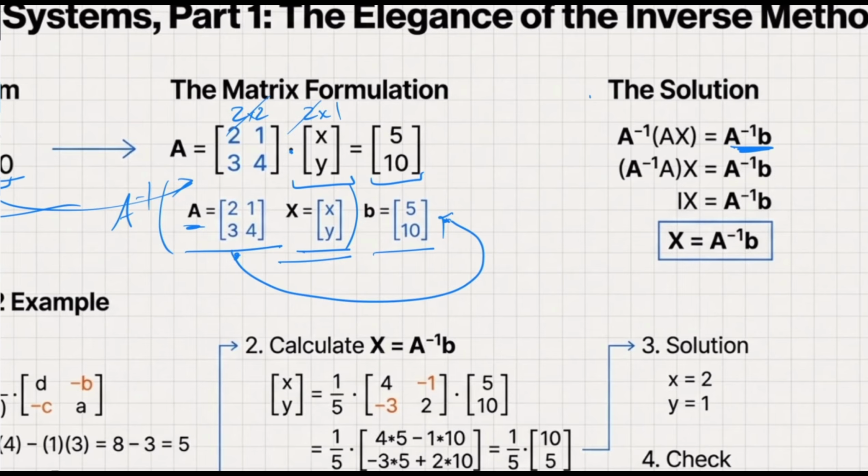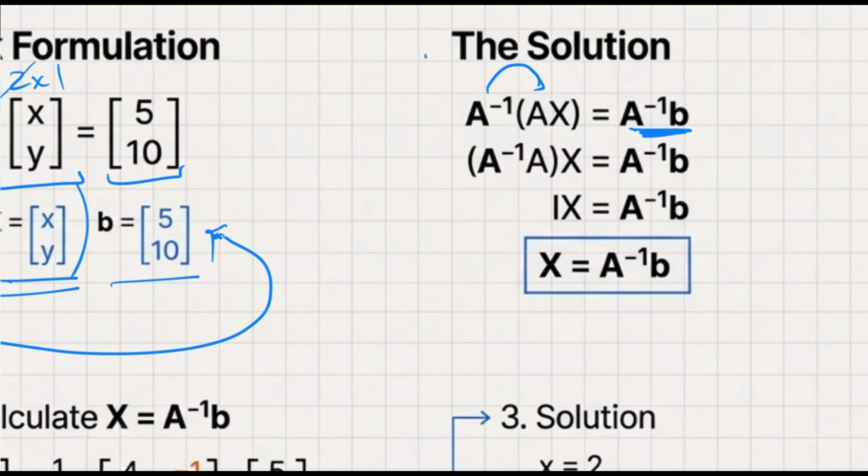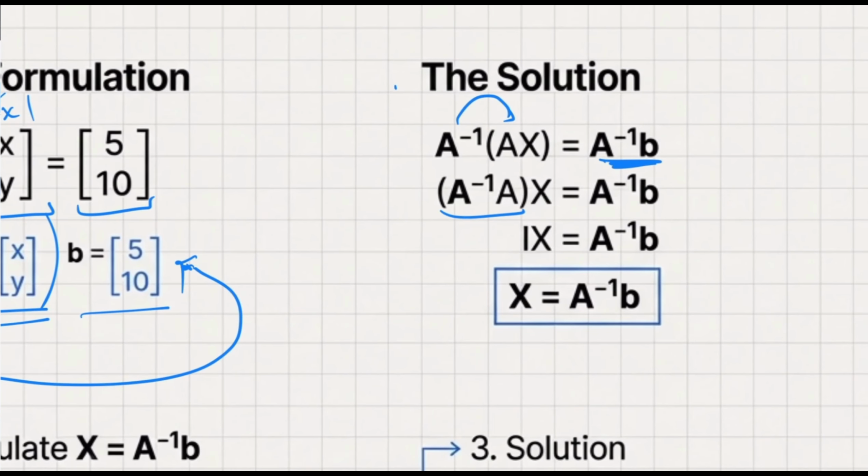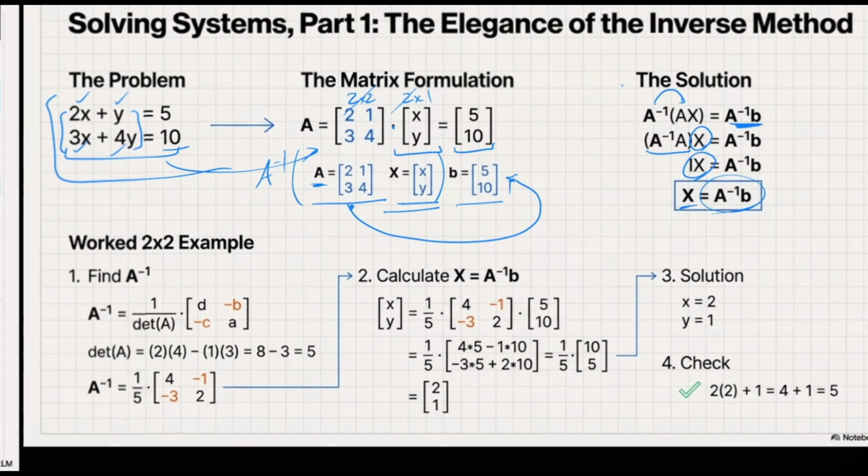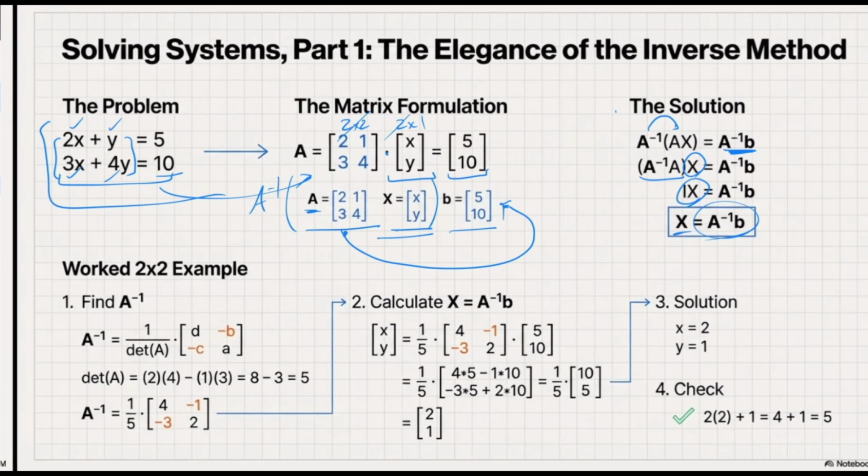Because if I do that, I can write it down like this. A to the power negative 1, or A inverse, times A is going to be identity, and x is still the same. Identity times x is still x, but on the other side I do have A inverse times b. I have to make sure I check one thing, finding the determinant. Finding the determinant tells us whether my matrix is invertible or not. Why do I have that?